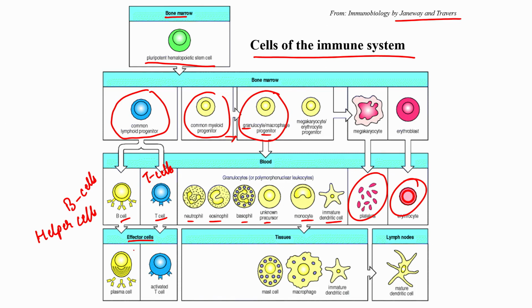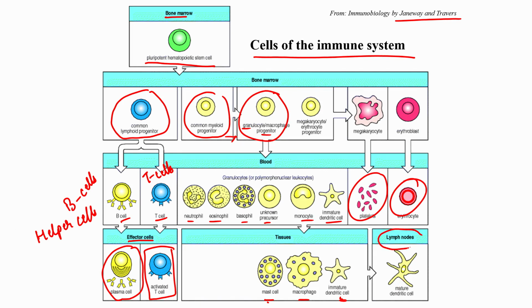Some of these B cells are responsible for secreting antibodies, something that I am sure you must have heard by now, and then there are T cells which are directly responsible for killing any rogue cells or any cell that is not functioning well and the immune system is not liking it. Some of these monocyte and granulocyte derived cells can then become mast cells, macrophages and dendritic cells, and these are cells that are more responsible for presentation of anything to the immune system which they think is foreign.